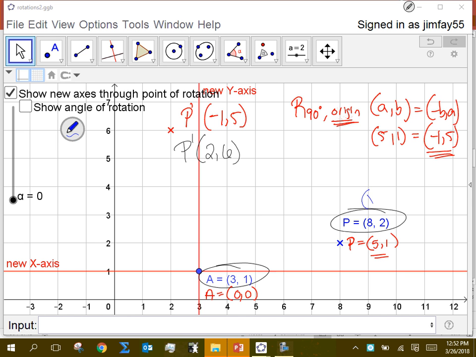Okay, so what I'm going to do, I'm going to call this the x value of point P, and this is the y value of point P. I'm going to call this the x value of our rotation, comma, the y value of our rotation. Okay, this red P should be found by taking the x value of your point minus the x value of your rotation.